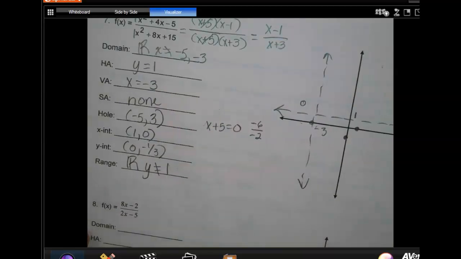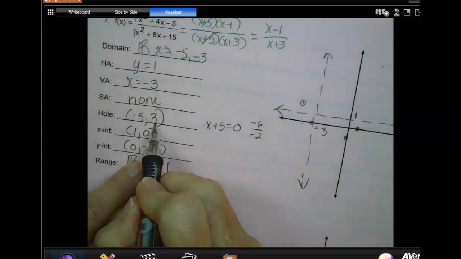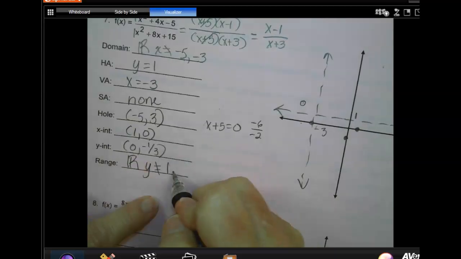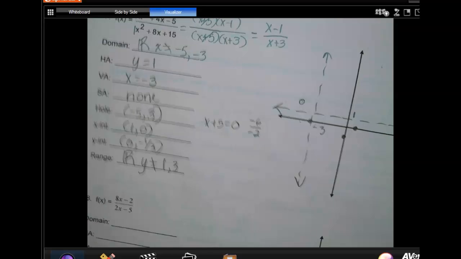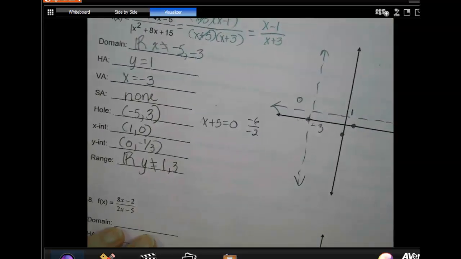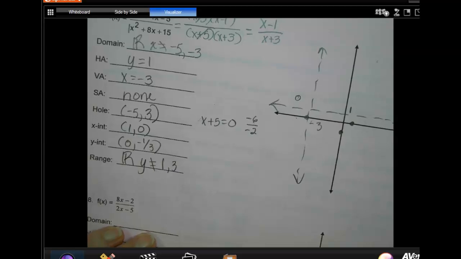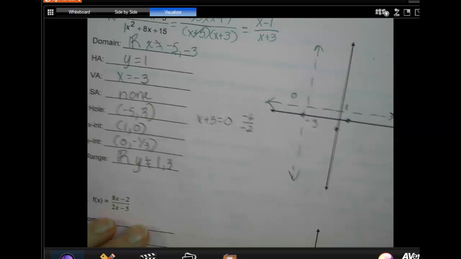And what's the other one it can't equal? Not -1/3, that is okay. 3. Why 3? It's the hole, and we can't have that. The y-intercept's okay.